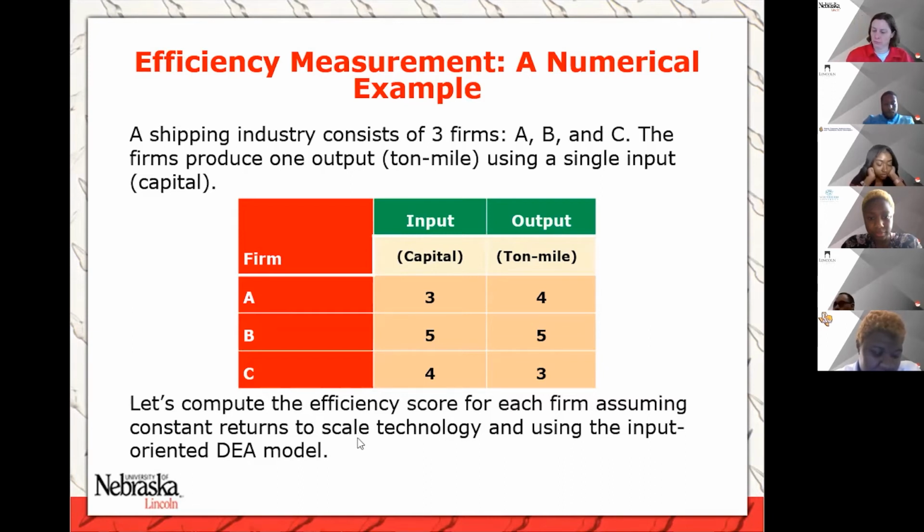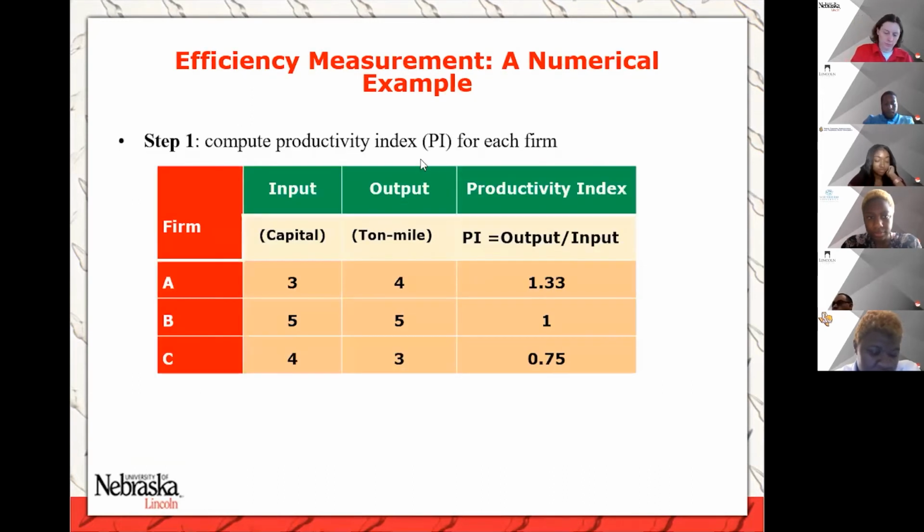So the first step you should do is to compute productivity indices. It's easy. All you have to do is divide output by input. Let's look at firm A. Firm A uses three units of capital and produces 4 units of output.